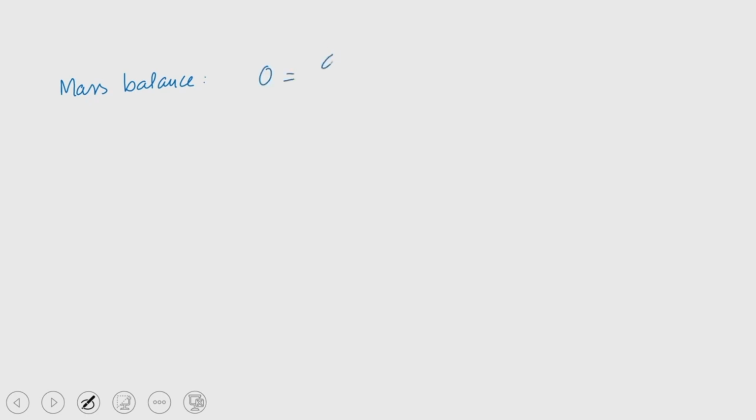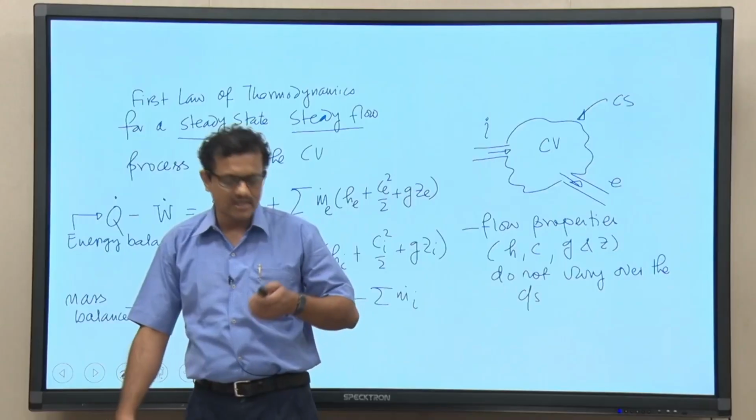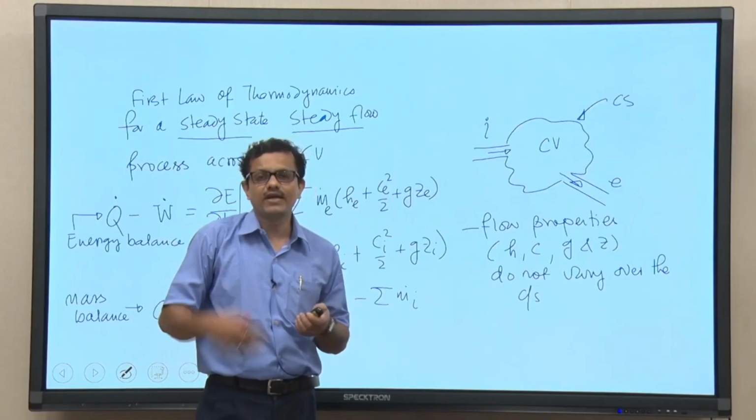0 equal to dm CV by dt plus m dot E minus m dot I. That is what we have discussed in the last class. Now, we are going to have this set of equations essentially for a process, and that process is steady state steady flow. You have studied about steady flow in the context of the fluid mechanics course.